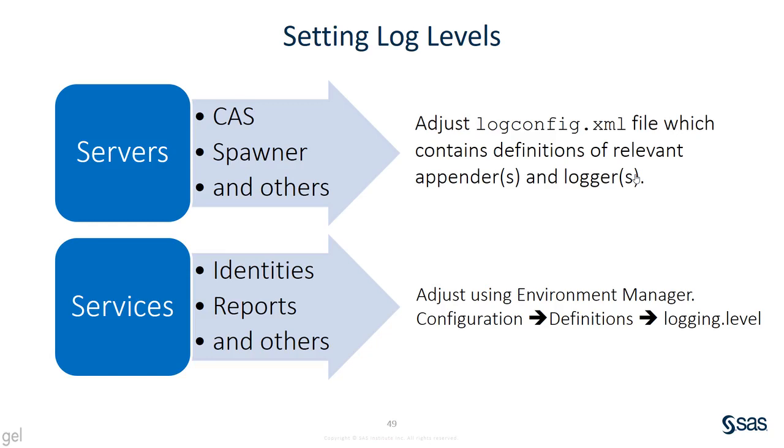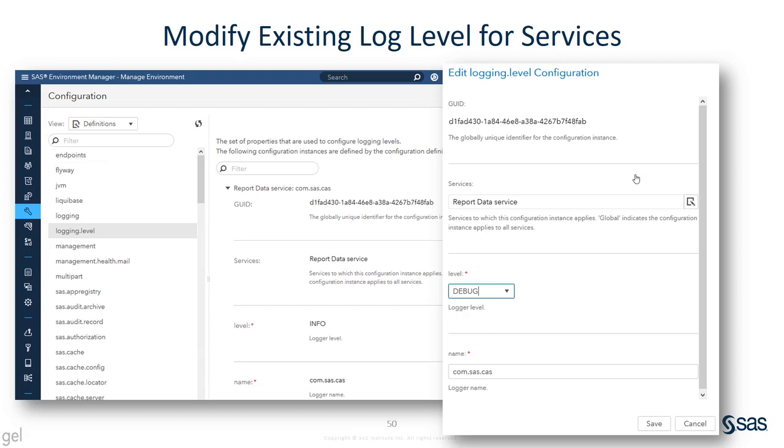So if I need to adjust the log leveling for some of these things, I do need to potentially restart the server process. Right? For services though, I can go into Environment Manager and on the fly, I can go into the configurations page, I can drill down into the log level configuration, and on the fly I can flip something, in this case from info to debug. And as soon as I save that change, that microservice is now in debug mode. No restarting needed.